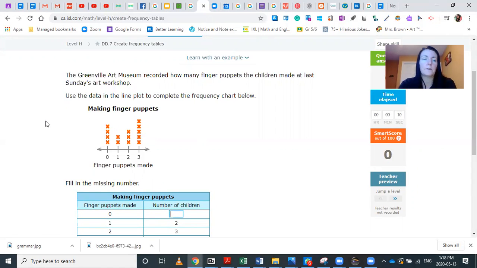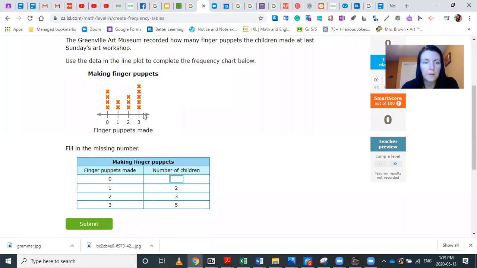So let's have a look at the question. The Greenville Art Museum recorded how many finger puppets the children made at last Sunday's art workshop. Use the data in the line plot to complete the frequency chart below. Making finger puppets. 4 people made 0.